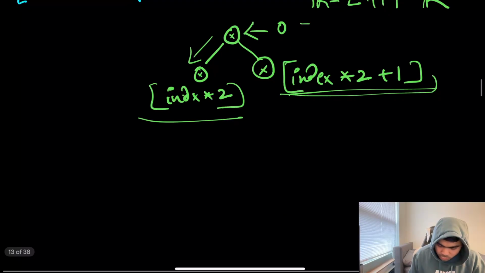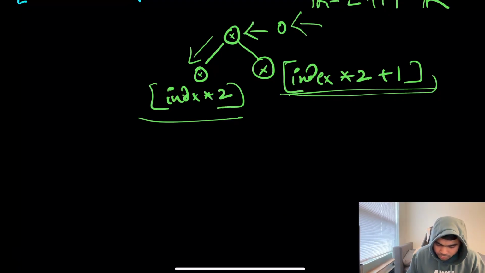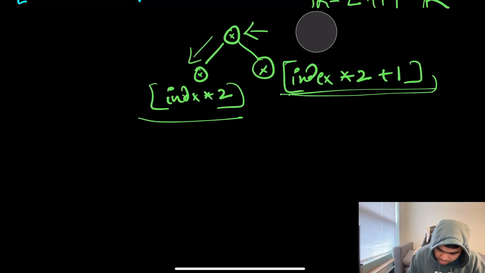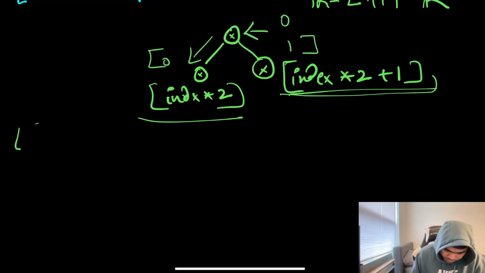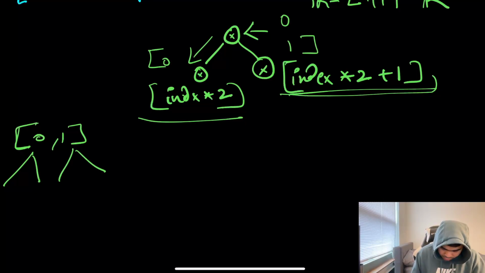Now this value could be 0 or it could be 1. In both cases it will work, and the reason it will work is because once we move on, if this was 0, this will become 2 into 0, which is 0, but this will be 2 into 0 plus 1, so this will be 1. If we were calculating another level, this should give us the right answer.